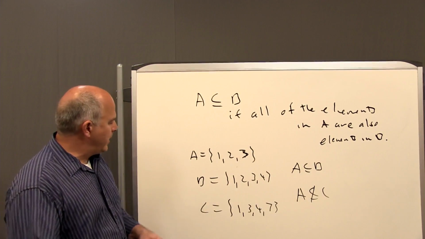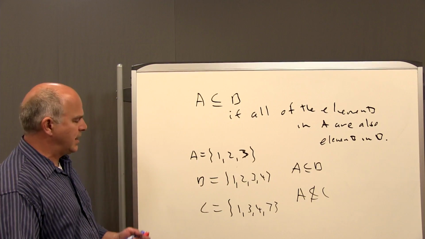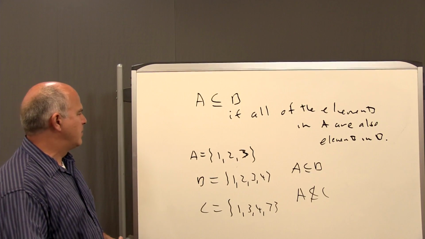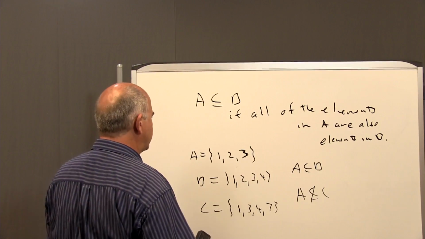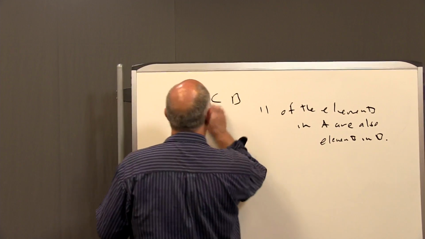Because it doesn't have 2 in it. All of the elements in A would have to be elements in C, and that's not true. So A is not a subset of C. So we had the relations, the equals relation and the containment relation, or the subset relation.